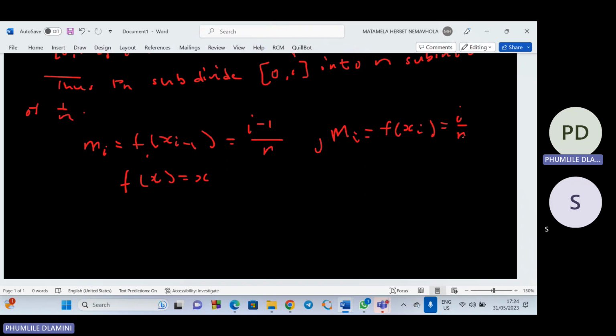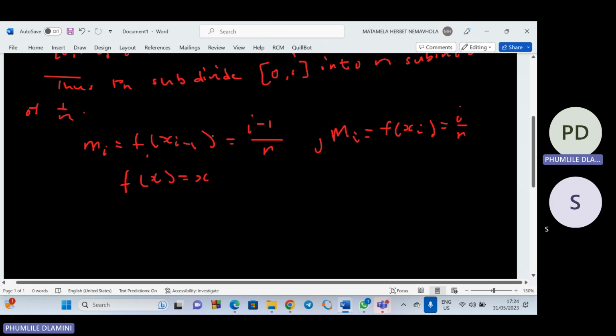Even if you don't use that method, remember our mi is the infimum of f of x for x i minus 1 less than x less than x i.